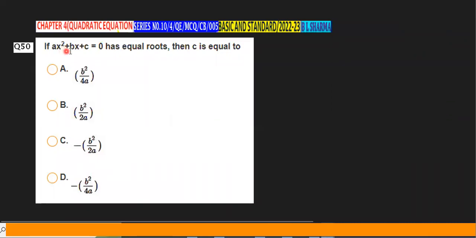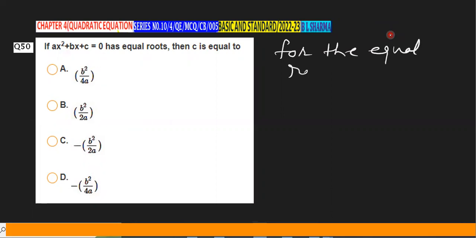If ax square plus bx plus c is equal to 0 has equal roots, then the value of c will be equal to? We know that for equal roots, the discriminant should be equal to 0.